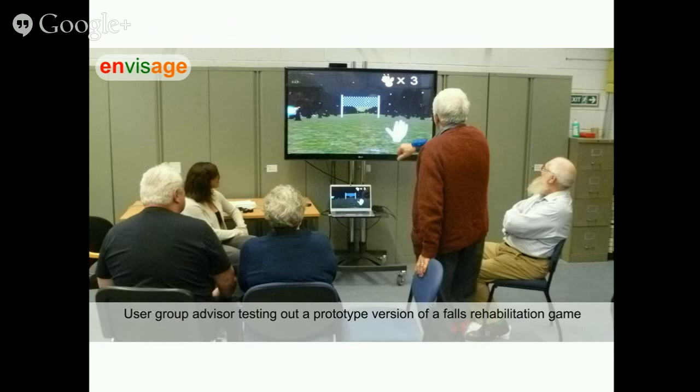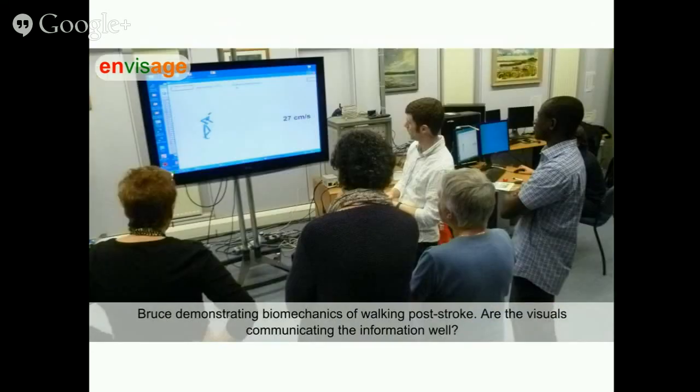They just didn't like shooting things or each other. So with this game, for example, they were dying to have another go. They wanted us to carry on the workshop so they could beat their previous score, and so on. We also looked at ways of giving them quantitative feedback. So here you can see an example of giving feedback on their step length.